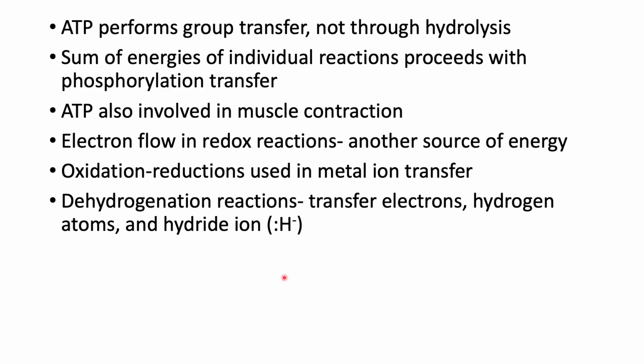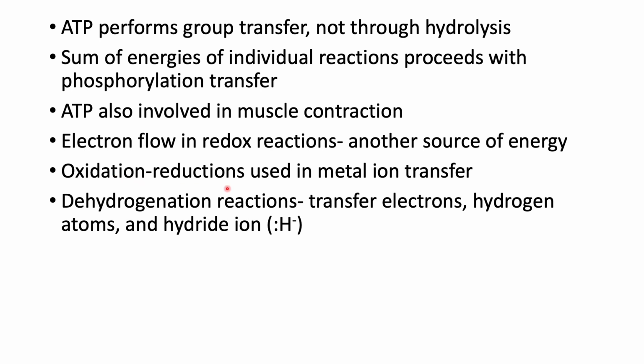The ATP also performs group transfer, not through hydrolysis. The sum of energies of the individual reactions proceeds as you transfer phosphoryl groups. ATP is also involved in muscle contraction. You can also get another source of energy through electron flow in redox reactions. We'll be covering that.